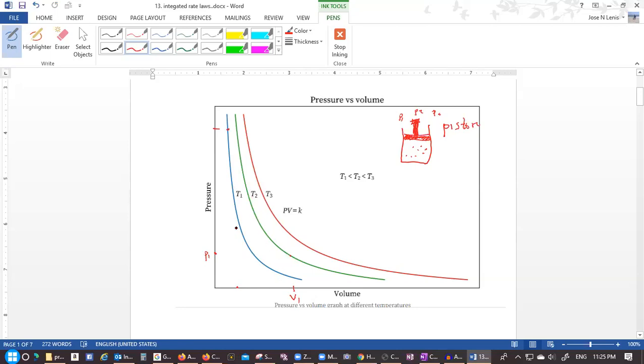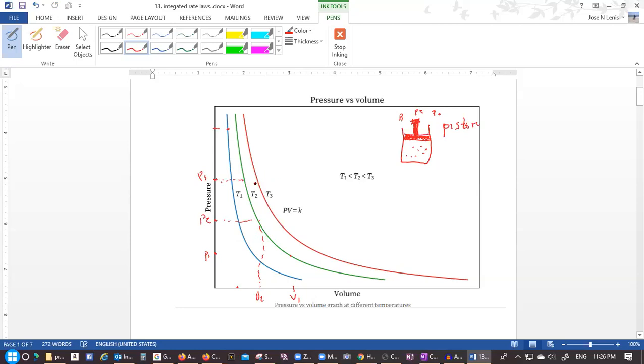Then increase the pressure. Let's say you double the pressure, pressure 2, and what happened with the volume? The volume goes down. Oh, it's not a straight line, but it's supposed to be a straight line here. It's too shaky. So it's going to be volume 2. And then increase the pressure, pressure 3, and what happened with the volume?